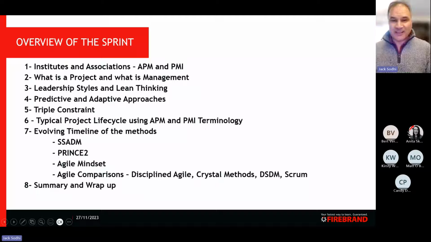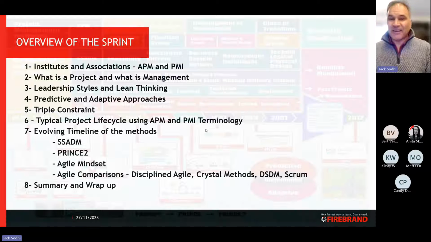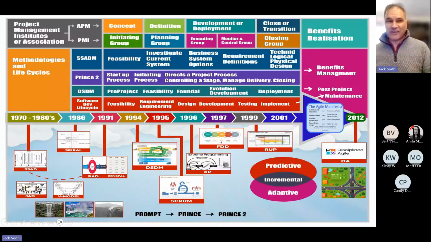I'm going to show you a slide next, which is a summary. This is a graphic I created to specifically show different methodologies and how they've evolved over time. We're going to look at the life cycle here, which is the APM and also PMI. You can see the concept, initiating group, and that's the beginning, and then closing and benefits.